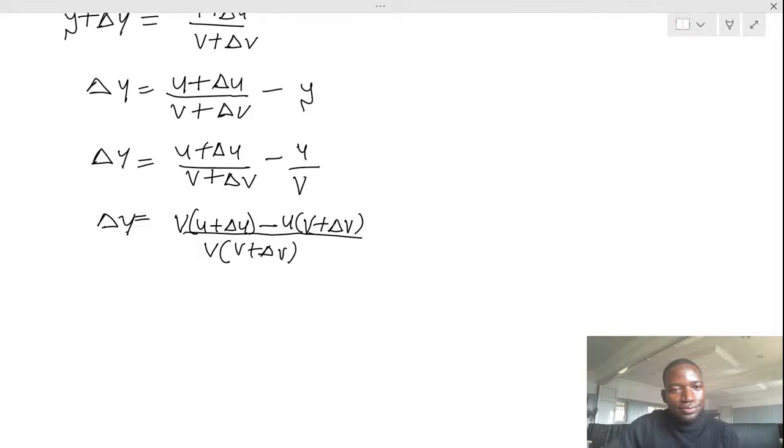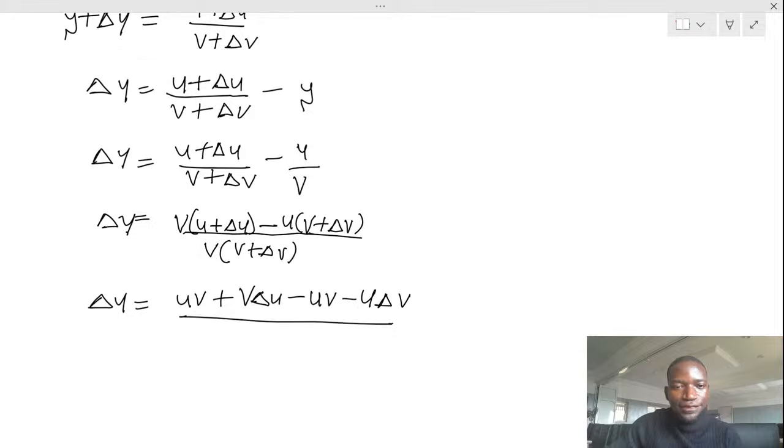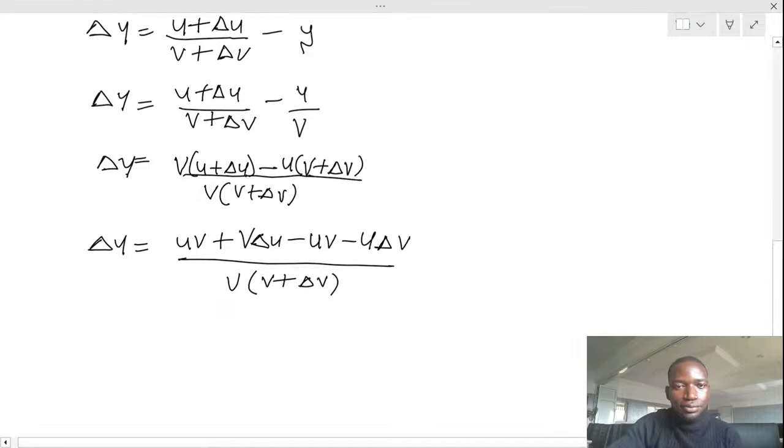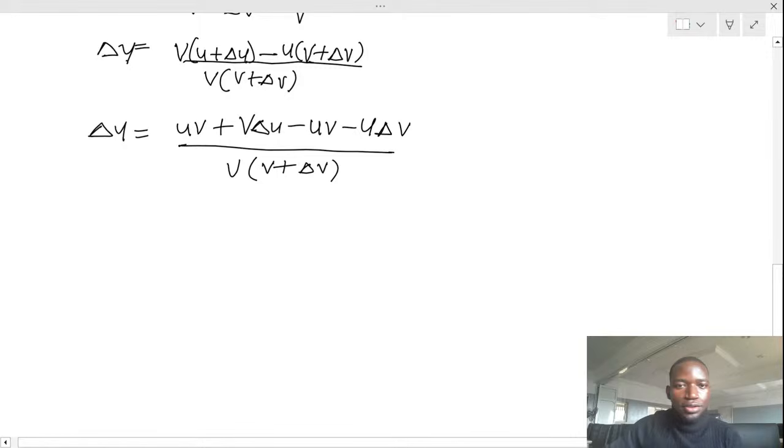All right. So let's open up the brackets. So we're going to have delta y equal to, opening up the brackets, uv plus v delta u minus uv, then that will give us minus u delta v, then everything over v into v plus delta v. So this one is going to cancel out these.